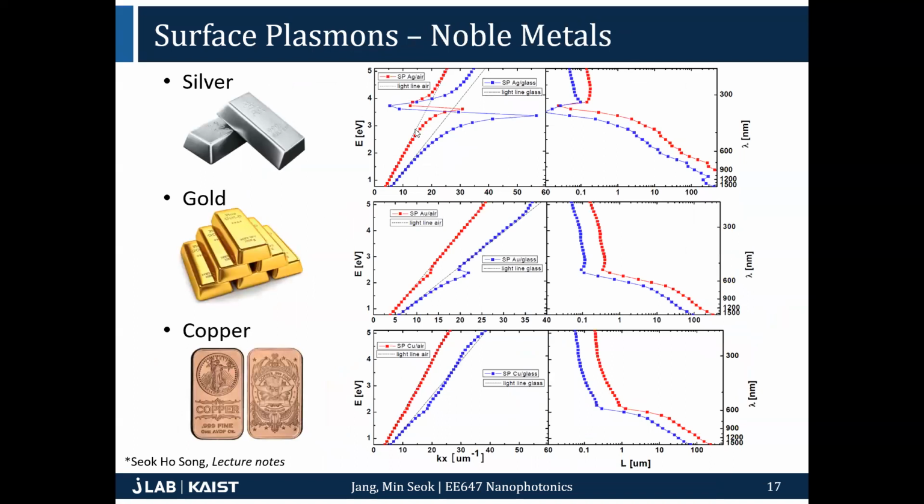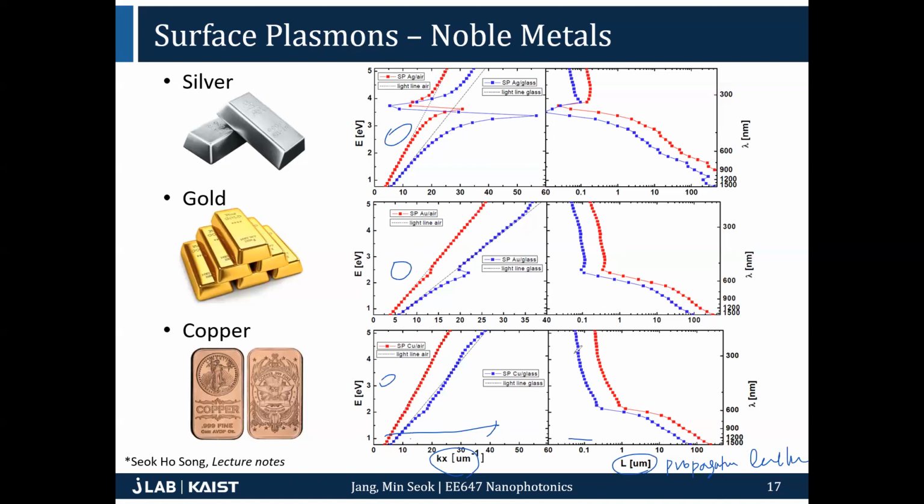And finally, we have all the surface plasmon properties of real materials: silver, gold, and copper. In this plot, what we see here is the propagation constant as we saw. These are just the dispersion relations, and here L is the propagation length.